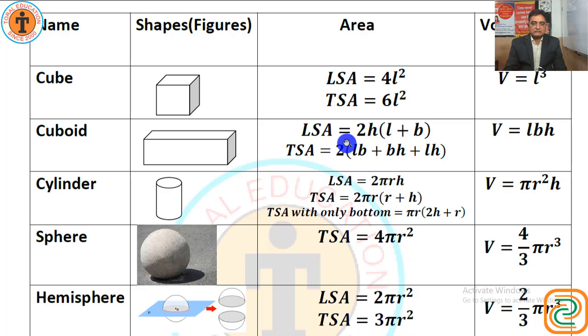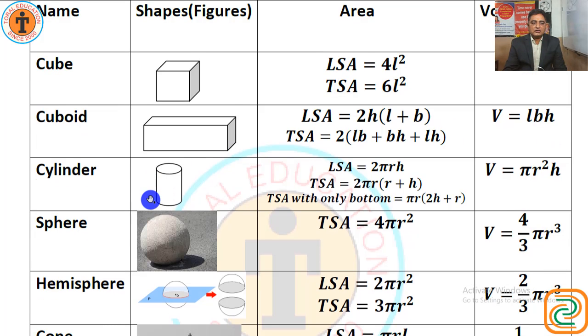And TSA, total surface area, is 2 into LB plus BH plus LH. Here L is length, B is breadth and H is height. Similarly, the volume of cuboid is LBH.